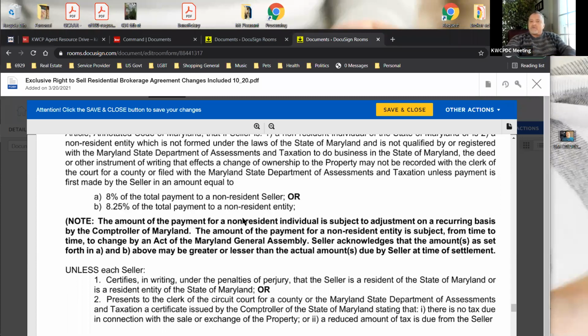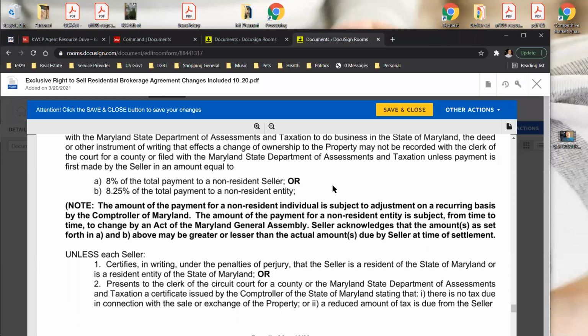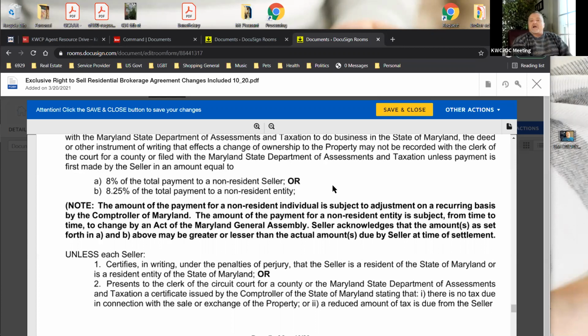All right. Anybody have questions on that? Hey, Dan, what if they're not renting the property? So if they're not renting the property and they still live out of state, you mean? Yes, identical scenario, just they're not renting the property.